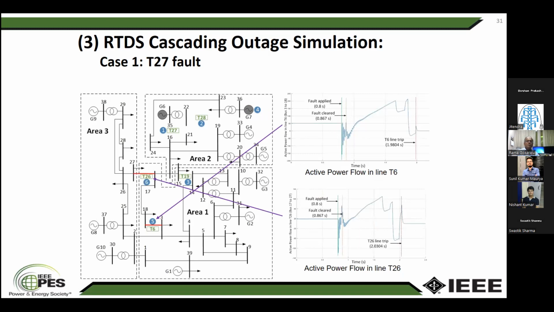And then followed by that, line number T6 got overloaded. So the T6 line is now tripping at 1.9804 seconds. And then followed by that, T26 trips at 2.0304 seconds.